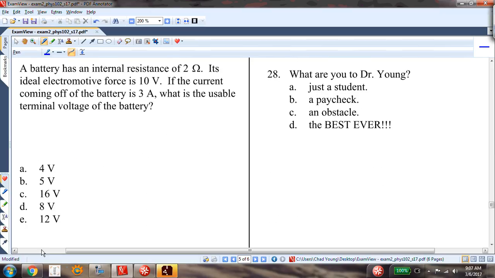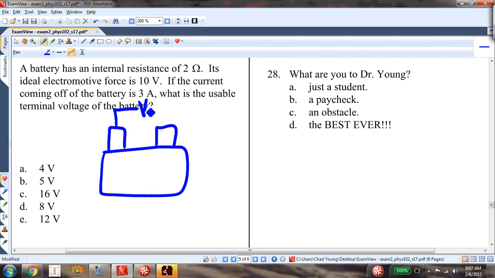Battery has this internal resistance. What is the usable terminal voltage? So remember, we have a battery. It has a certain voltage that comes off of the terminals, but it consists of an internal resistance and an ideal source of EMF. And so the voltage that comes off the battery is the combination of those two.